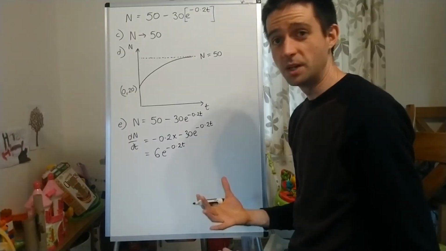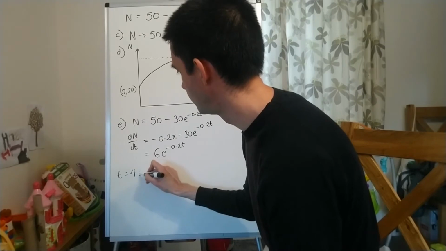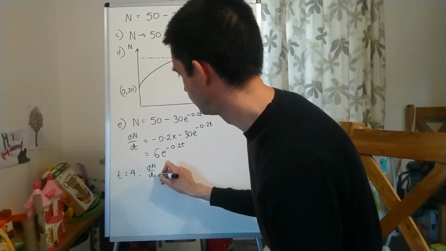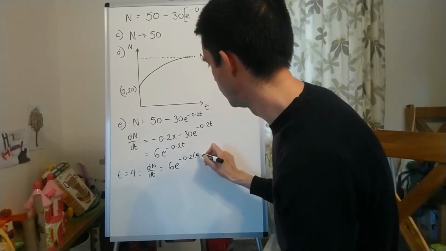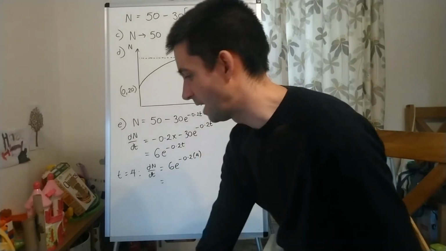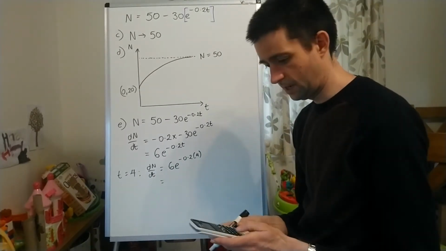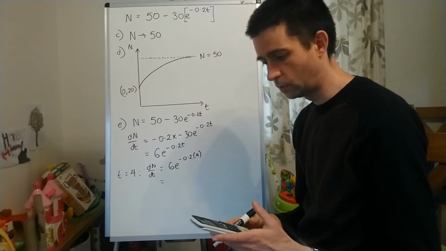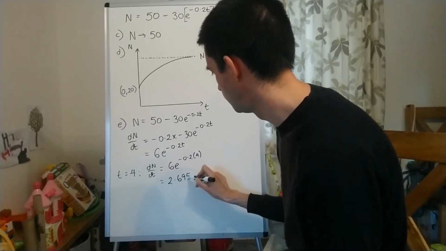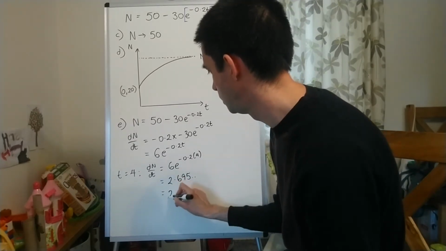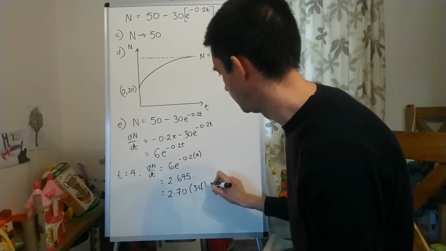I'm asked for the rate when t equals 4, so I'm going to substitute t equals 4 into dn dt, which is 6e to the negative 0.2 times by 4. I'm going to find that value, which is 2.695, so it's 2.70 to 3 significant figures.